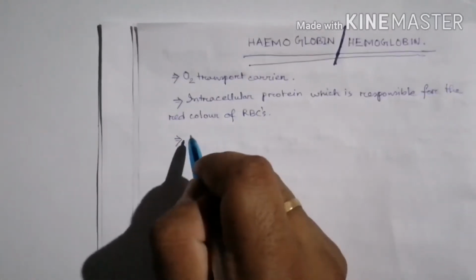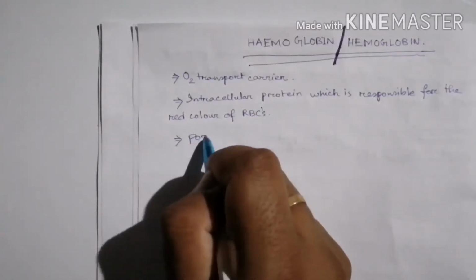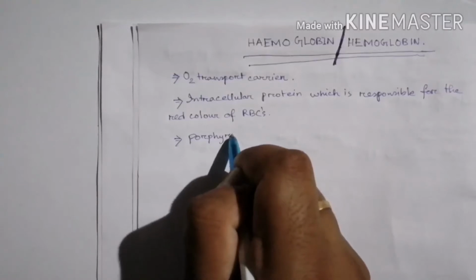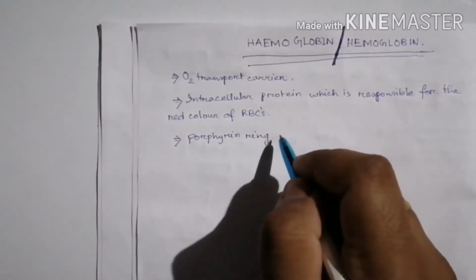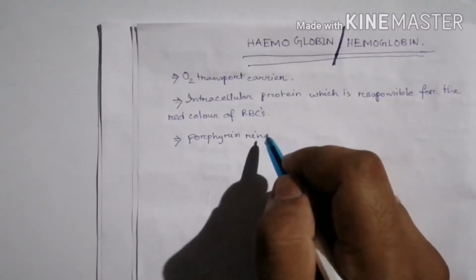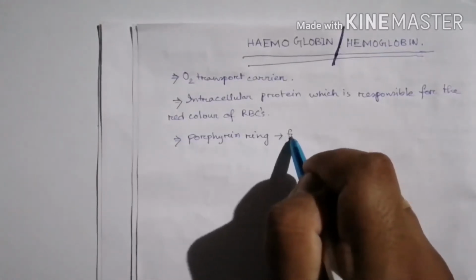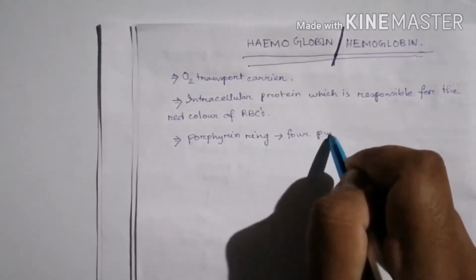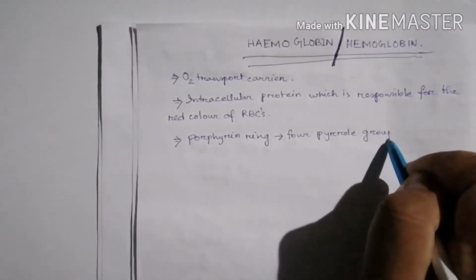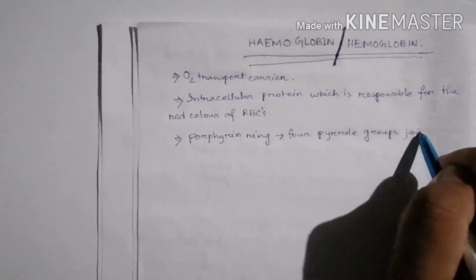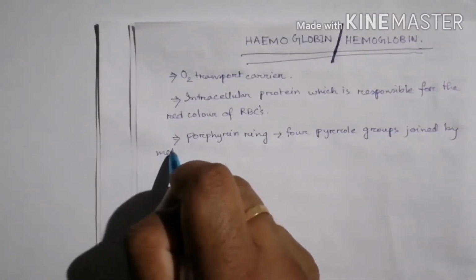This hemoglobin consists of a porphyrin ring, which is a heterocyclic ring system containing 4 pyrrole groups joined by methane bridges.